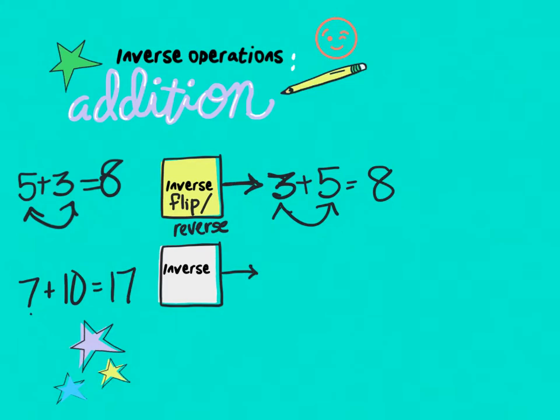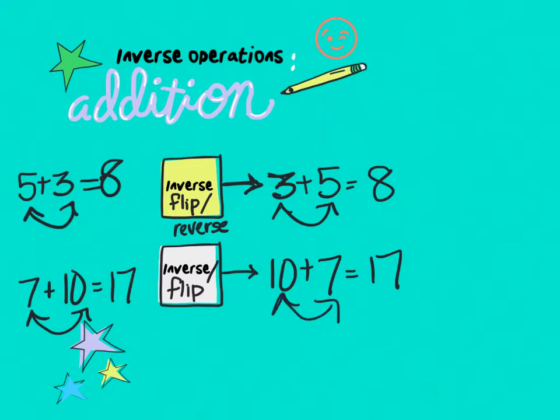So if I inverse these numbers right here, 7 and 10, or flip them, that means that would be 10 plus 7 because I flipped the numbers, inverse or flip, I would get 17. So an inverse operation in addition works. You can flip any number and get the same number.